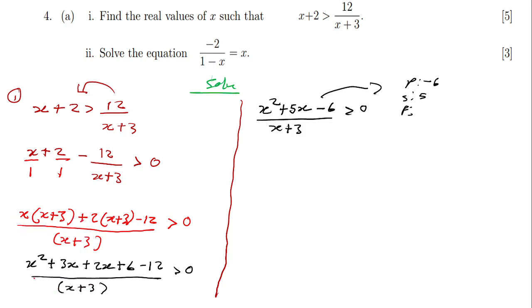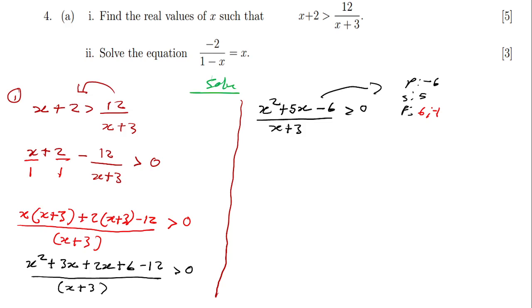The other factors we can try out are 6 and 1, of which 1 has to be negative, so that 6 minus 1 is going to be 5. And also 6 times negative 1 is going to give us negative 6.